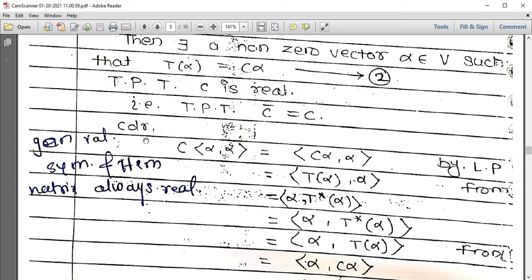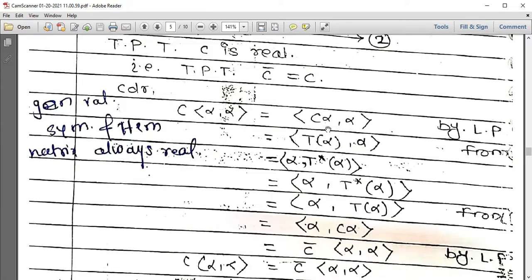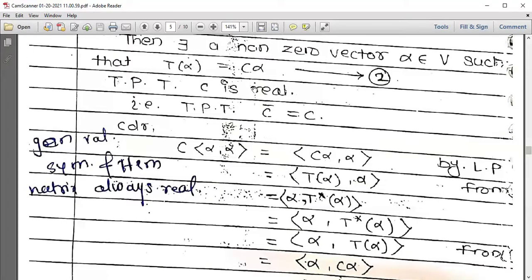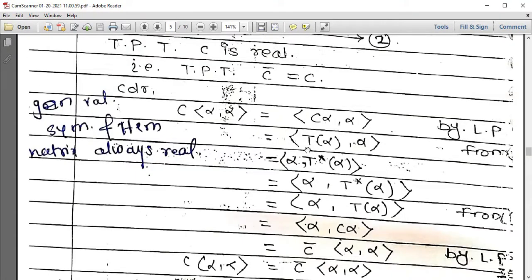For this, consider C into inner product of alpha alpha, which is equal to inner product of C alpha into alpha, by linearity property of inner product space, which is equal to, C alpha is nothing but T of alpha from 2, inner product of T alpha alpha, which is equal to inner product of alpha and T star of alpha by the definition of adjoint.